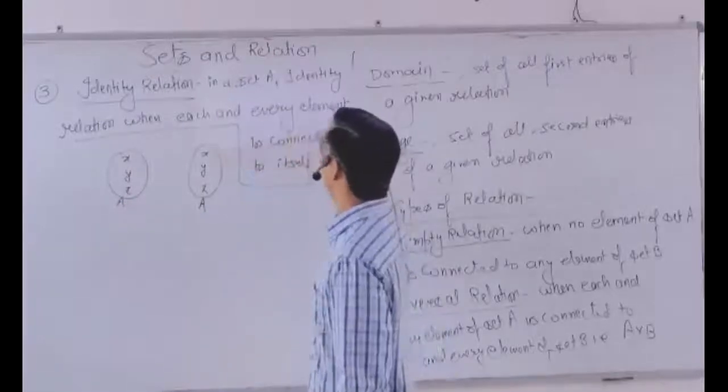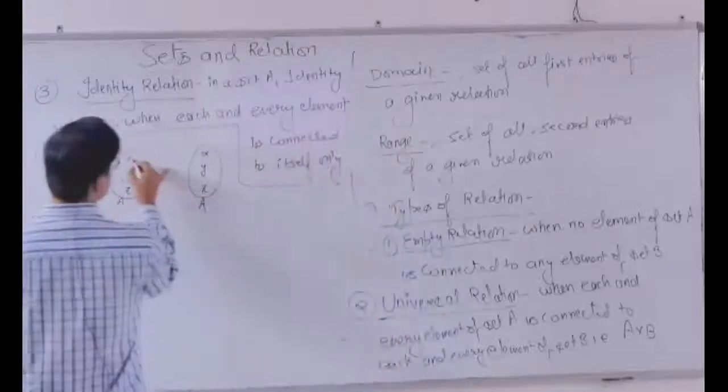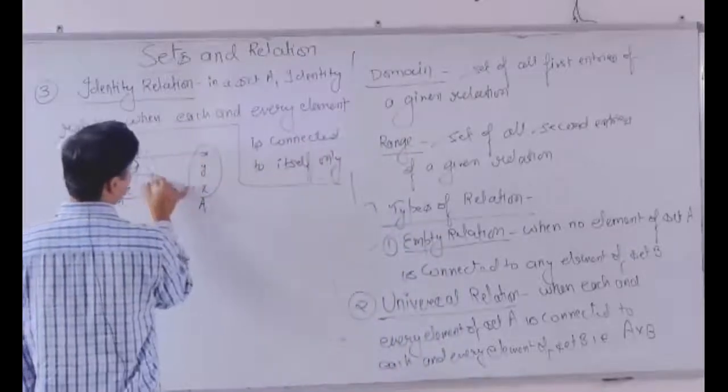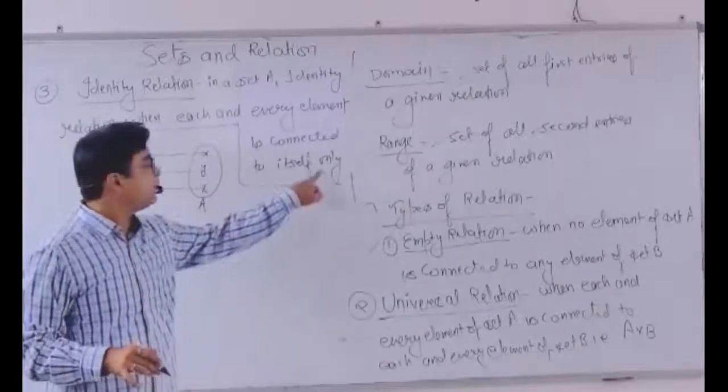When each and every element is connected with itself, that means X is connected to X, Y is connected to Y, Z is connected to Z. And it is saying only.